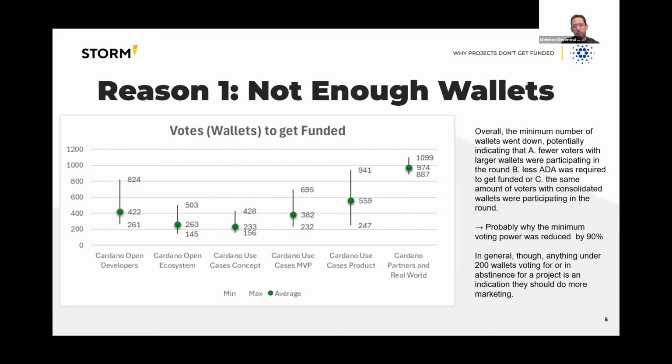Generally speaking, the averages of numbers of wallets were about the same, and even sometimes higher, especially for the real world partners category. You can see that the minimum amount of people who voted in that category was 887 in terms of those that got passed, and it had about a 50% pass rate of those that got voted on.